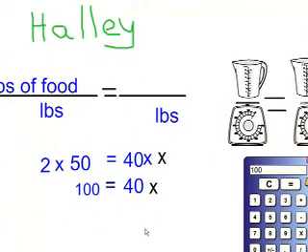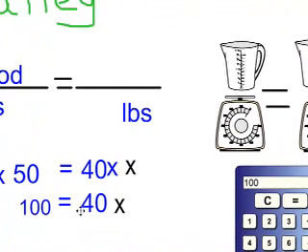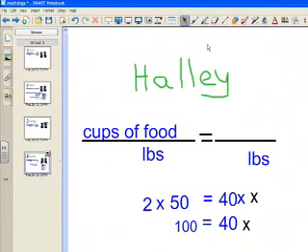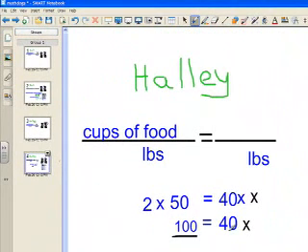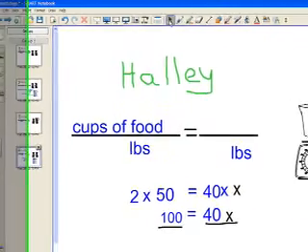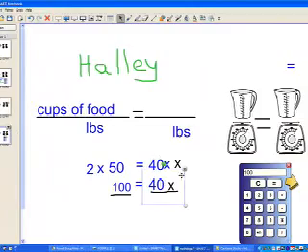Now what I want to do is get rid of the 40 and just have my variable x remaining. I'm going to multiply by the reciprocal, the inverse of 40, which is 1 over 40, which is the same as dividing both sides by 40.